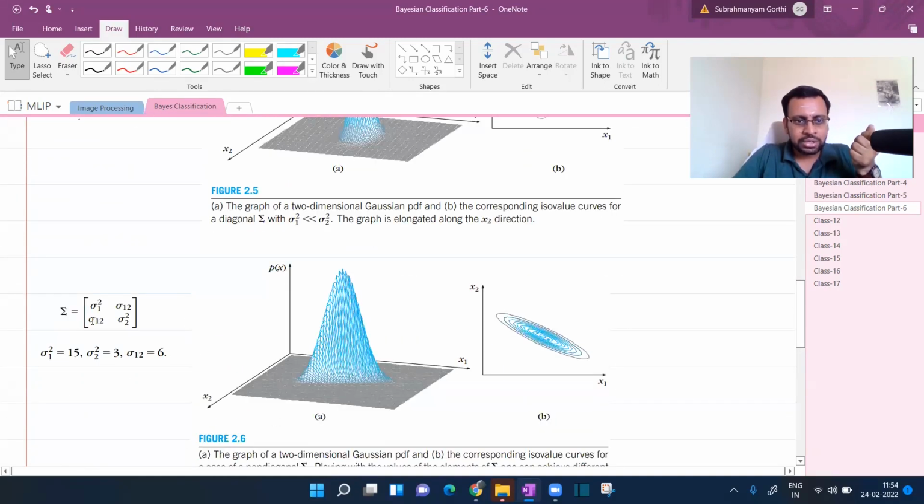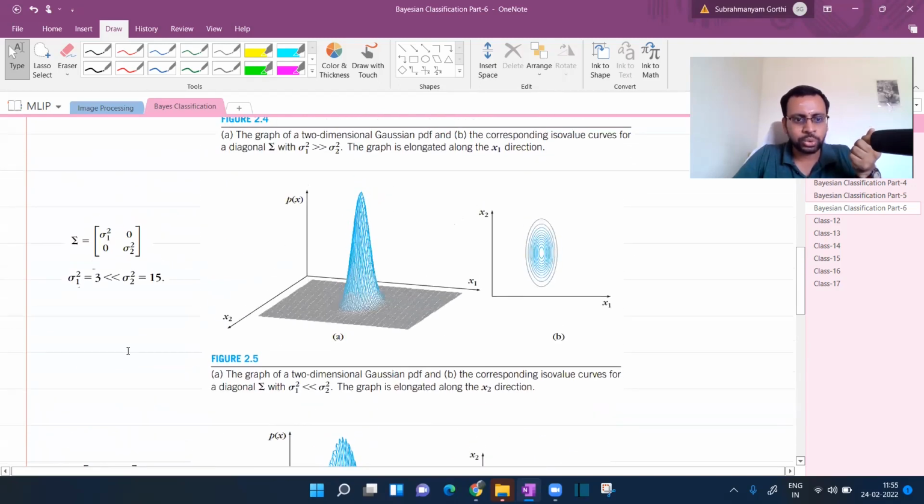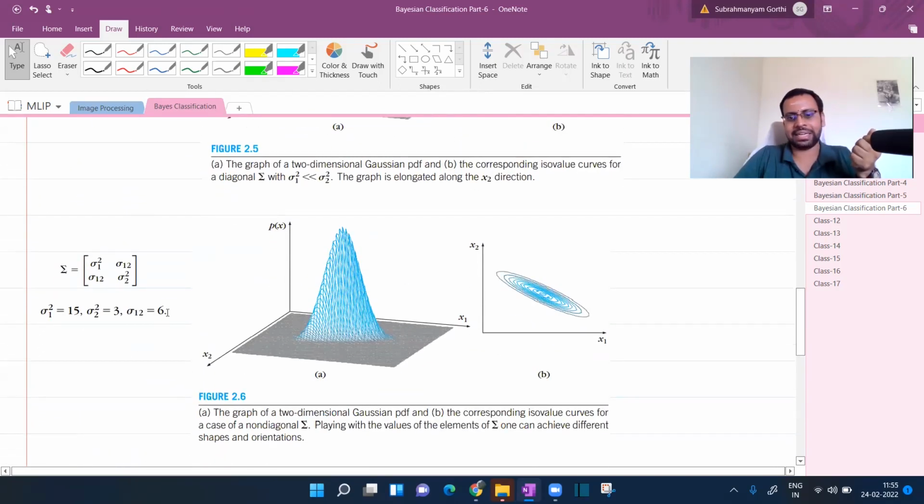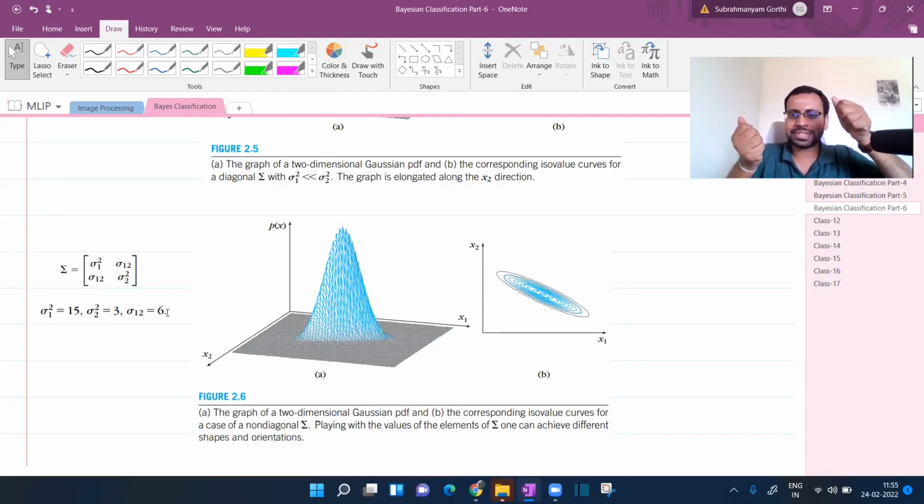Then there is a sigma 1, 2. The dependence is also there. Let's say sigma 1, 2 has been taken as 6 here. So what it will do is, essentially, it will tilt your thing. You will still get an ellipse, but a rotated ellipse is what you would get there. It's equivalent to rotation.